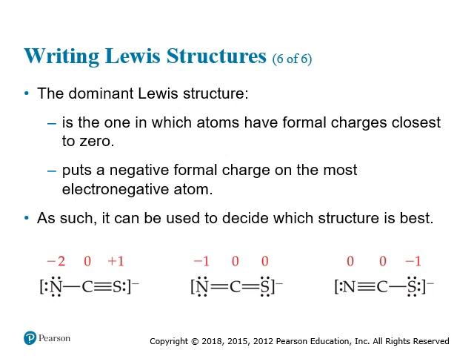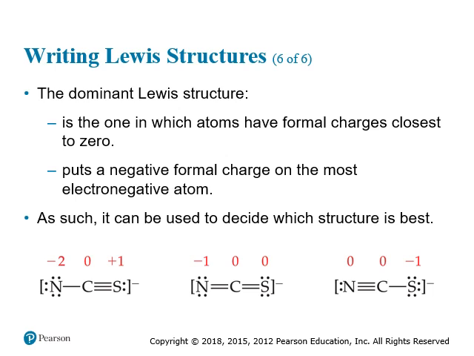So going through those rules and guidelines for establishing a Lewis structure for the SCN- thiocyanate polyatomic ion, we see the 3 structures listed below as possible Lewis structures. To evaluate which one is best, we do a formal charge calculation on each atom. In the first structure, we see that nitrogen has a formal charge of -2, carbon a formal charge of 0, and sulfur a formal charge of +1.